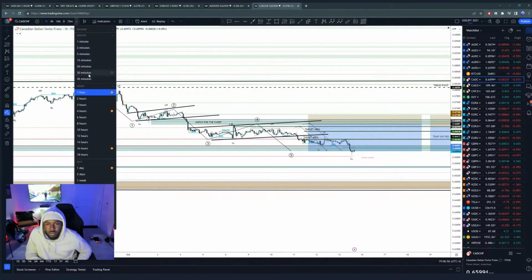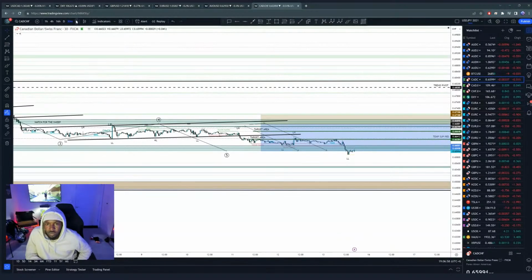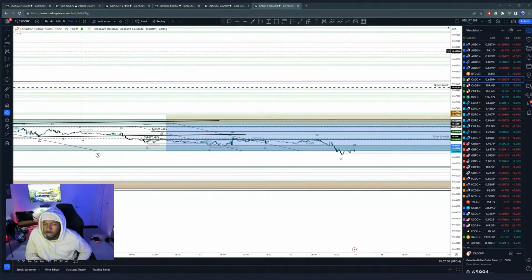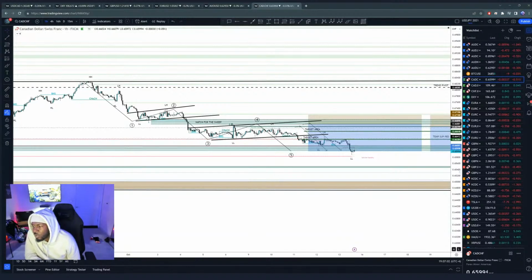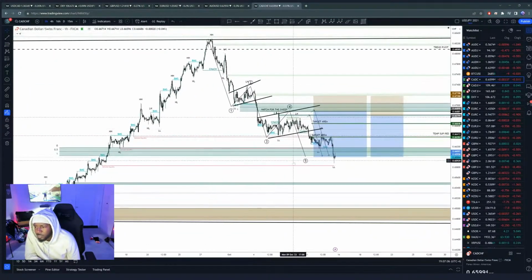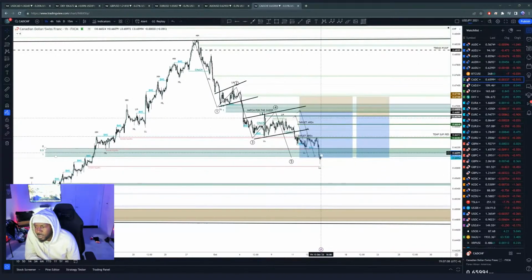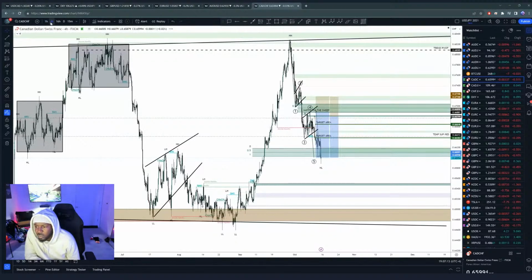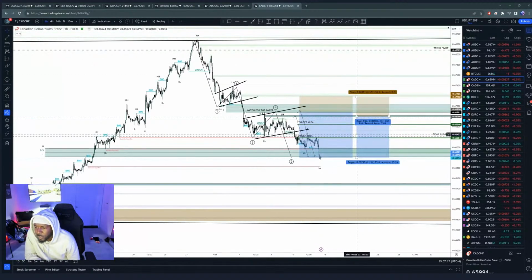Let me see. Yep. So this is the only level that I see five going to if it doesn't go up like right here. So it could take liquidity, but I need it to go up very, very soon.